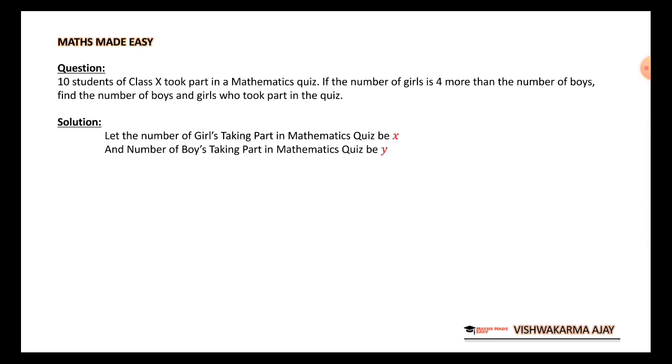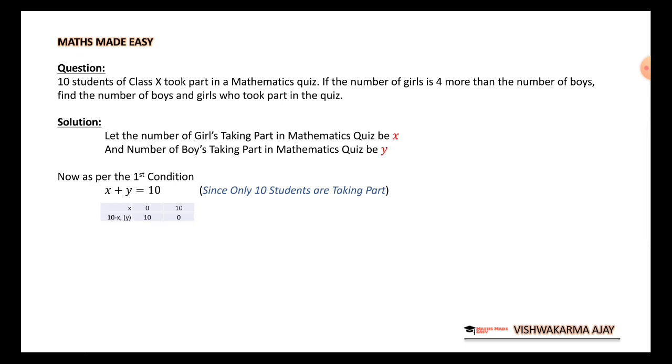Okay, so let us assume something. Let the number of girls taking part in the mathematical quiz be x and the boys be y. As per the first condition, x plus y is equal to 10, since 10 students are taking part. Now we are going to solve this by substitution.